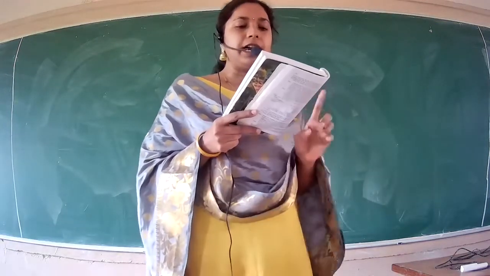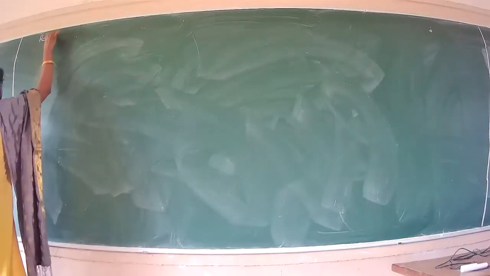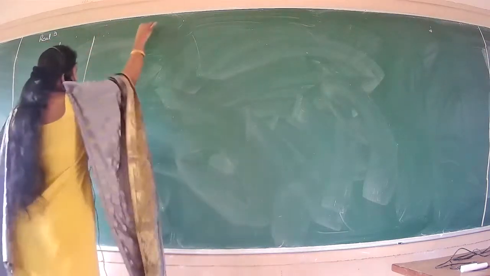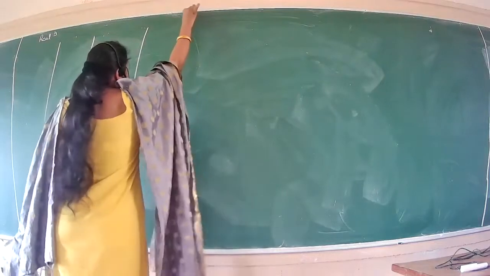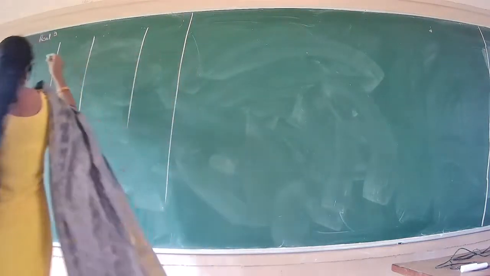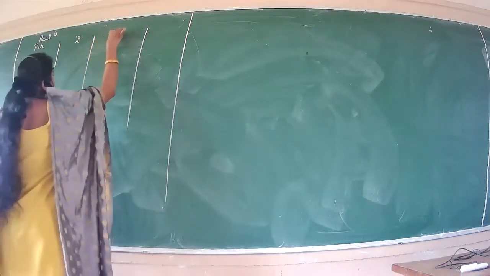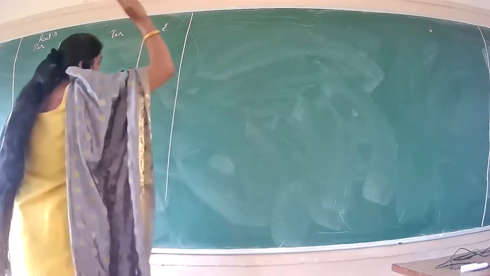Fine. So we'll start, and I hope you know we are supposed to open the accounts. Very first, your realization account. This will be your particulars, amount, particulars, amount.